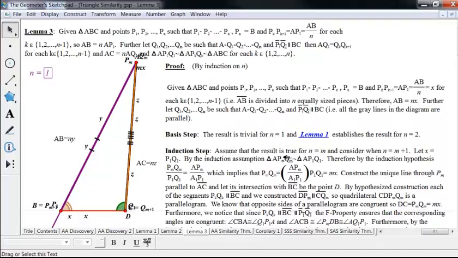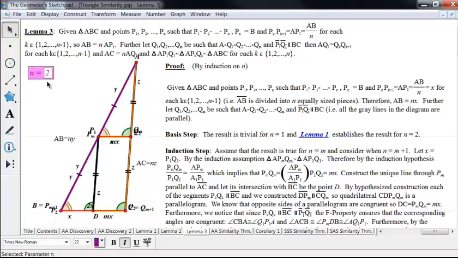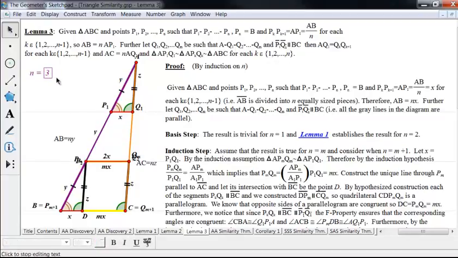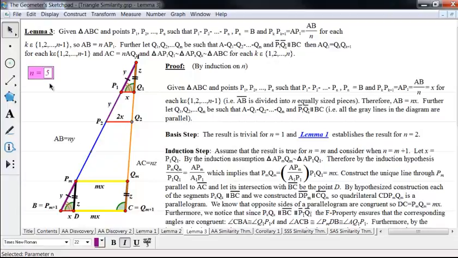So let's take a look at our setup. So we have ABC, and we have some points. We divide this up into parts. So here I've divided up into 2 parts, or 3 parts, or 4 or 5. Let's do about 5 parts. And so what you do is you take this triangle, and we divide this side AB up into n equal pieces.